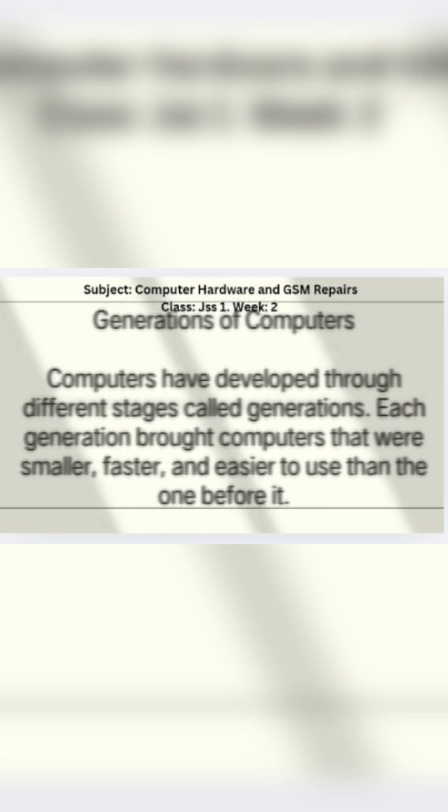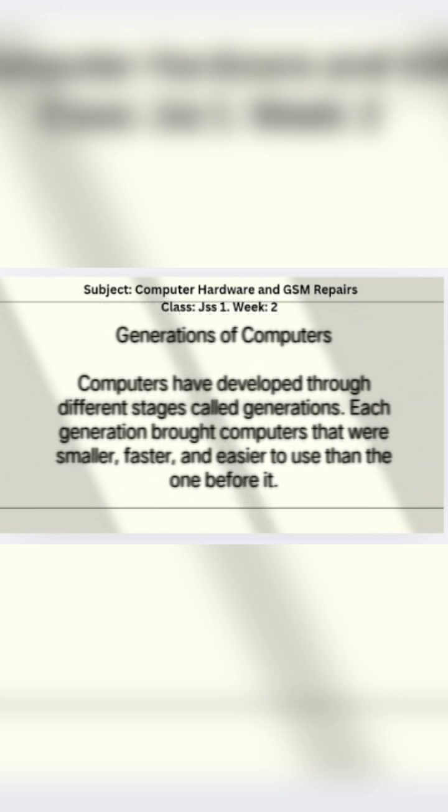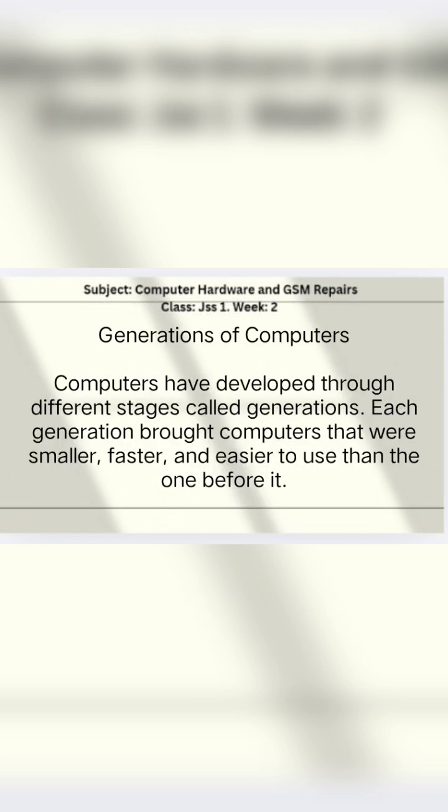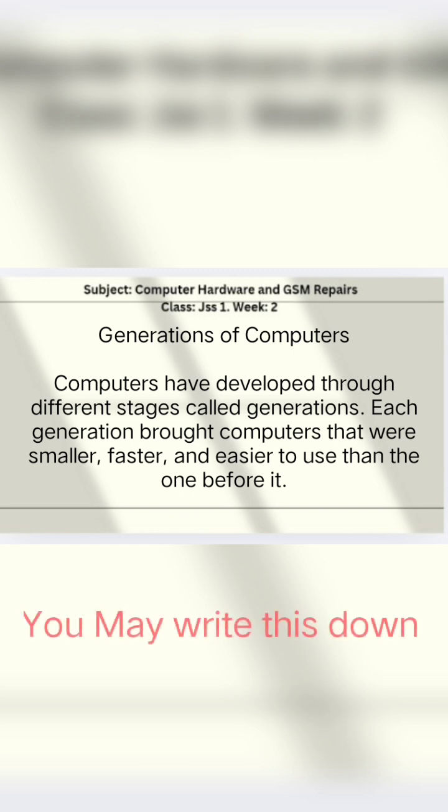The computer as we know it developed through different stages which we call generations. So we have the generations of computer. The first generation computer was as large as two or more rooms. It was slow, it consumed a lot of electricity, and it generated a lot of heat, so that you could not stay inside the room where the computer was placed.